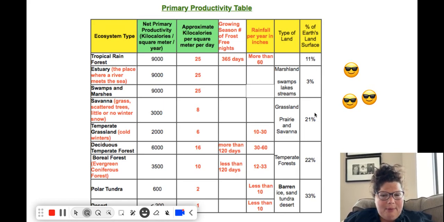One fascinating bit here, unfortunately: polar tundra and desert do make up 33% of the Earth's land. Boreal forest is 22%, is next, and tropical rainforest is only 11%.